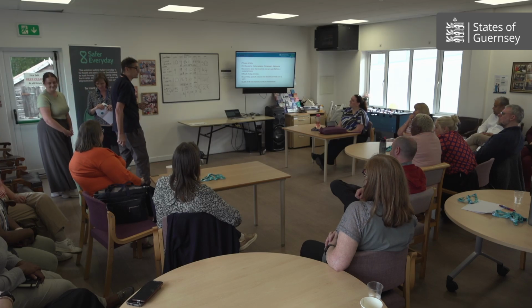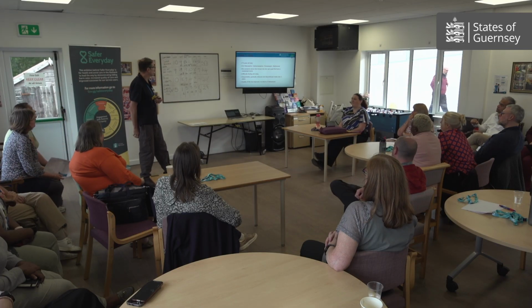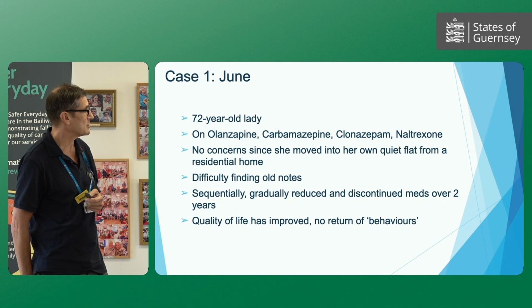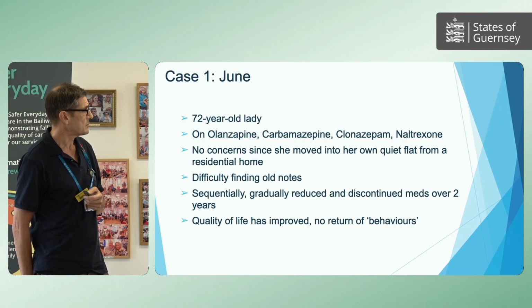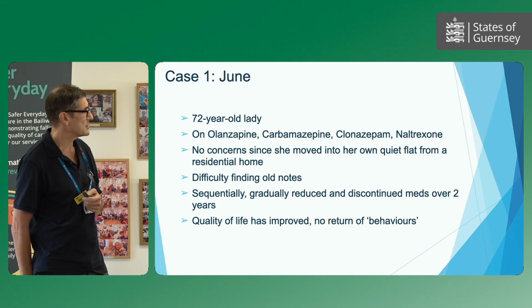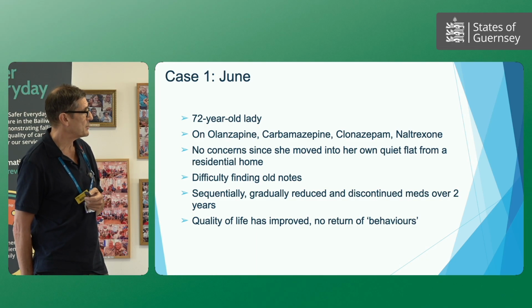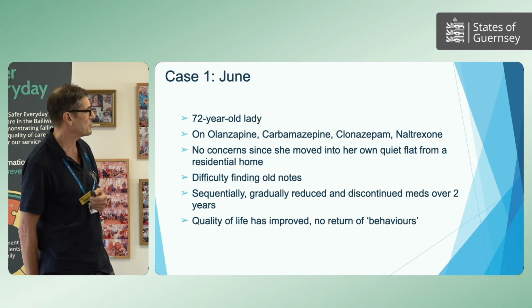So I always think a case is quite helpful for concentrating the mind. June is a 72-year-old lady who, when I started, was on olanzapine, carbamazepine, clonazepam and naltrexone. And there'd been no concerns. But of course, these drugs aren't usually prescribed by GPs, and so the GP had presumably assumed that this is the medication that the person was supposed to be on.